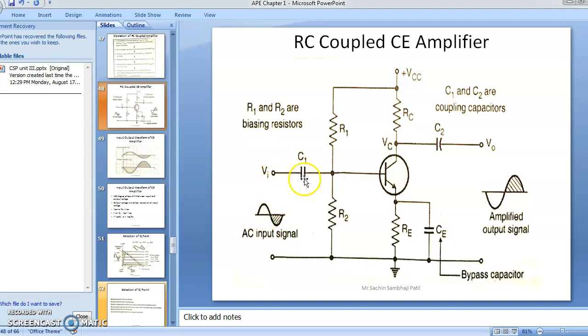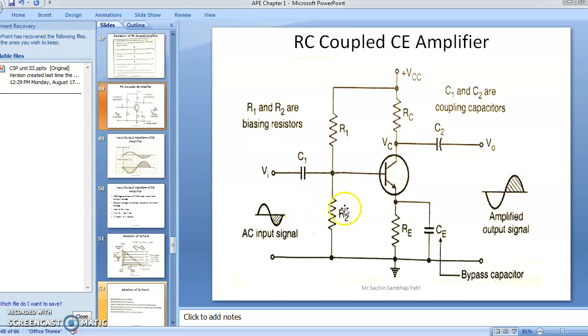As you know, C1 has capacitive reactance XC1, so XC1 is equal to 1 upon 2 pi f C1. Here 2 pi C1 is constant and frequency is variable. So capacitive reactance is inversely proportional to the frequency of the input signal. As frequency increases, the capacitive reactance XC1 decreases.